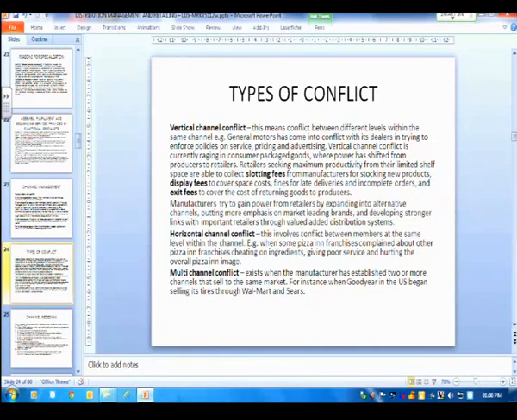Retailers seeking maximum productivity from their limited shelf space are able to collect slotting fees from manufacturers for stocking new products, display fees to cover space costs, fines for late delivery and incomplete orders, and what are known as exit fees to cover the cost of returning goods to the producers.